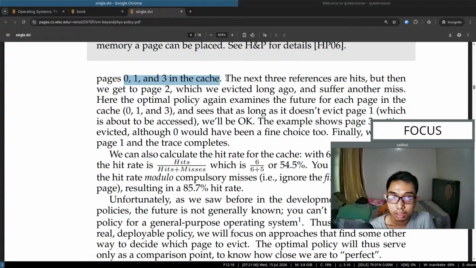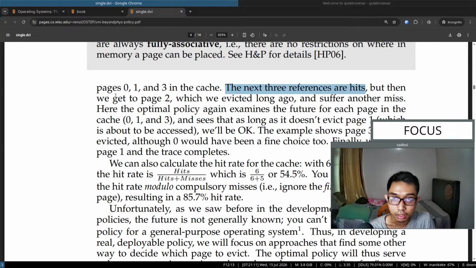The next three references are hits, but then we get to page 2, which we evicted long ago, and suffer another miss.